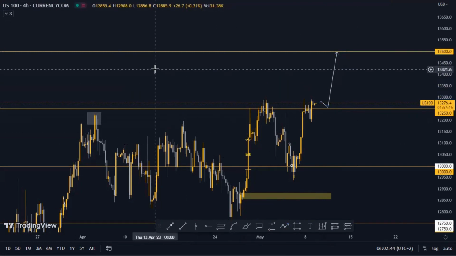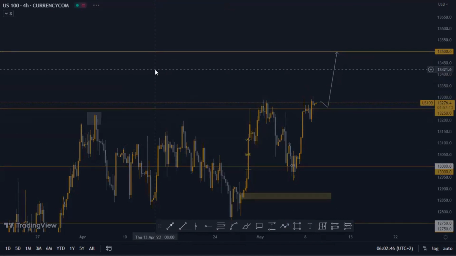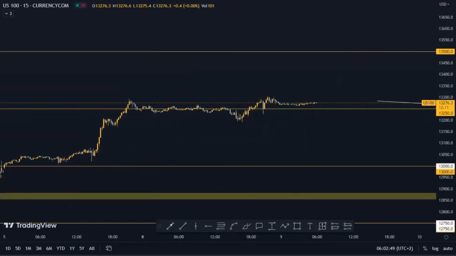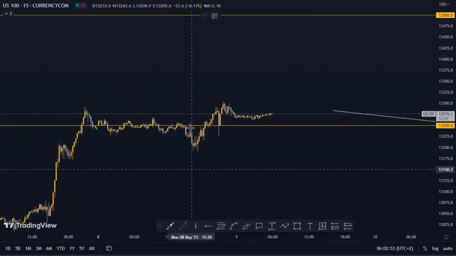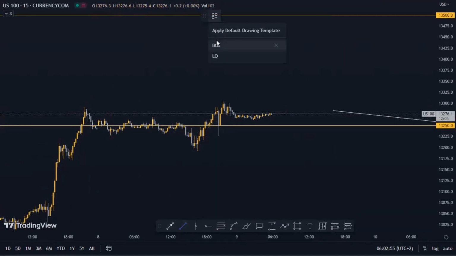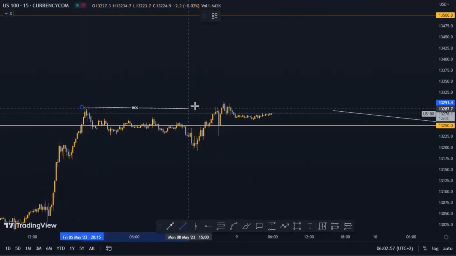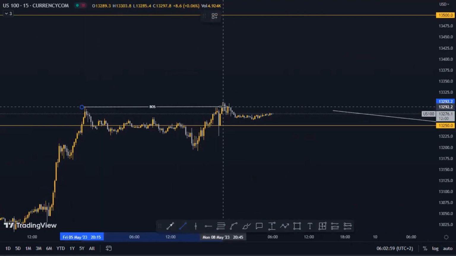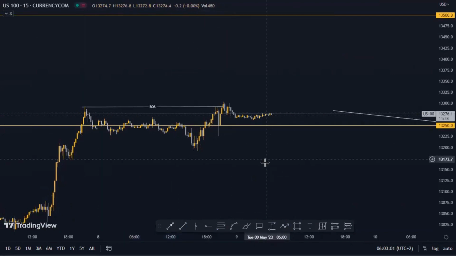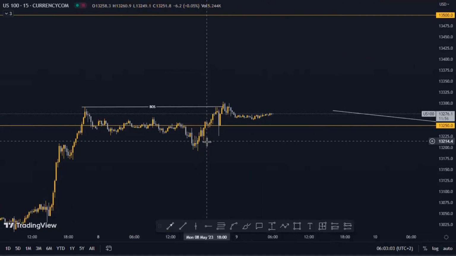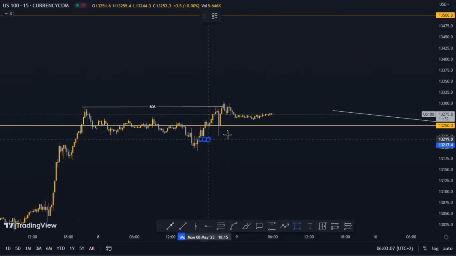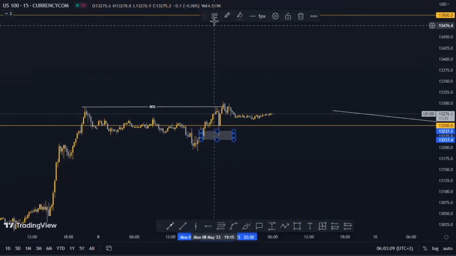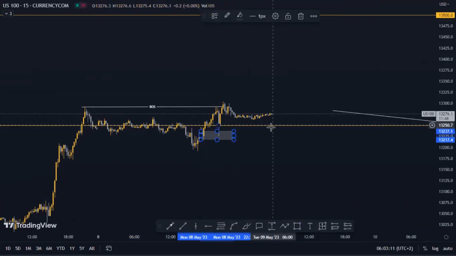I don't know. Let's see on a 15-minute time frame. What do we have on here? So clearly on the left hand side we had a break of structure after breaking the 13,250 level, broke it, came back down probably to this order block right here to mitigate that area of demand.